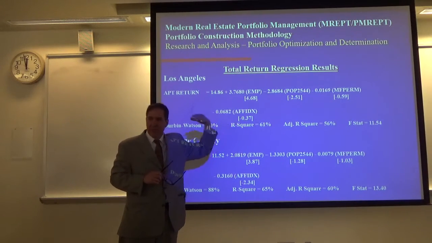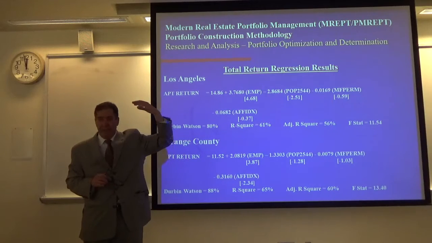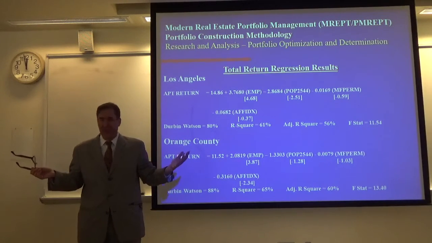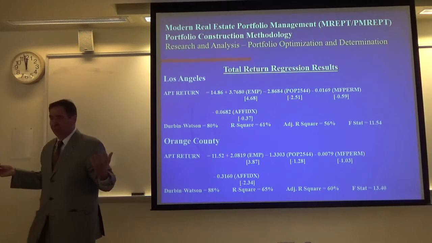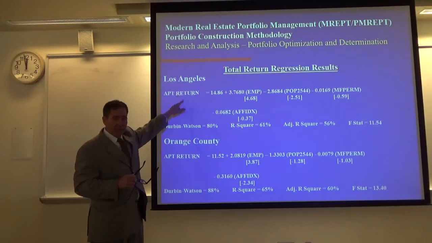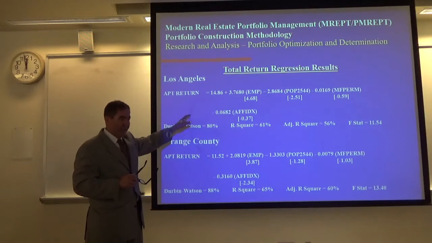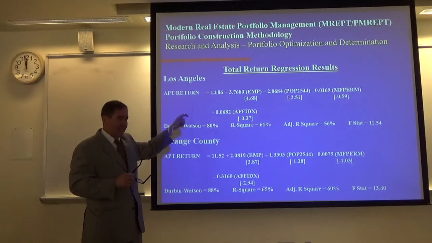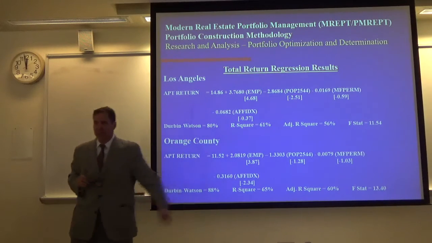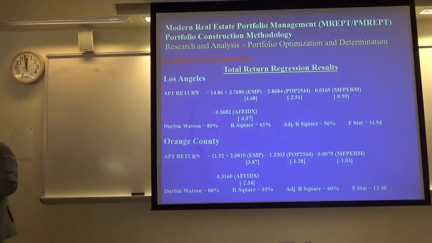Because in these markets, if you have high affordability, then you're going to get low demand for apartments because people are going to want to live in a house as opposed to an apartment building. But if you have low affordability, that's really going to drive the returns in those markets. So the supply-constrained markets, when you looked at the t-statistics, were pretty significant for affordability as a supply factor. So two supply factors, two demand factors. Not a lot of multicollinearity in the model.